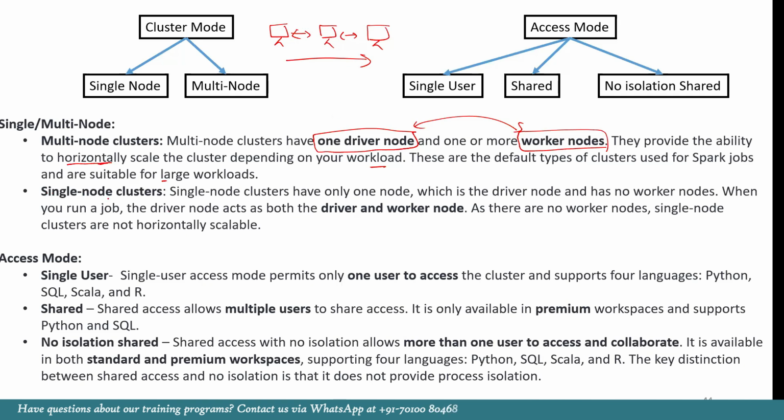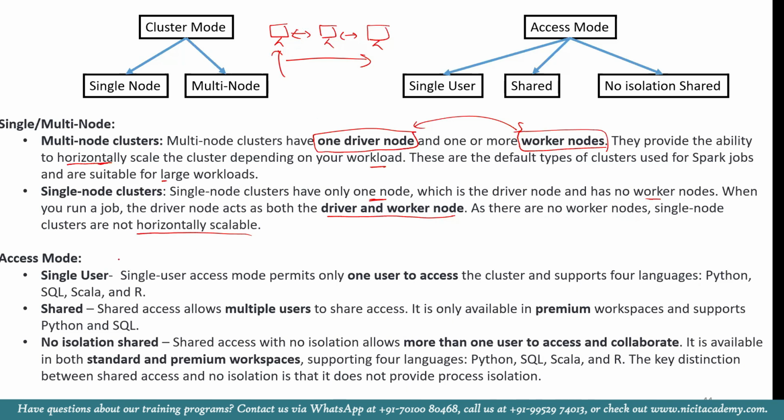Single node clusters have only one node, which is the driver node, and no worker node. So it plays both roles here. When you run a job, the driver node acts as both driver and worker. Since there are no worker nodes, single node clusters are not horizontally scalable. Basically, it is limited to one virtual machine and cannot be expanded to multiple virtual machines.